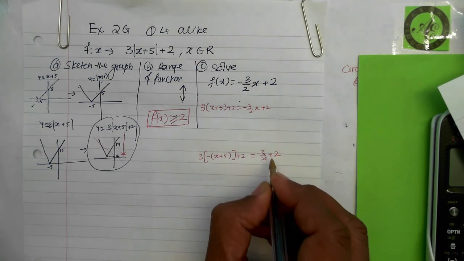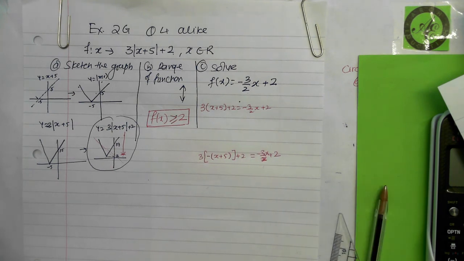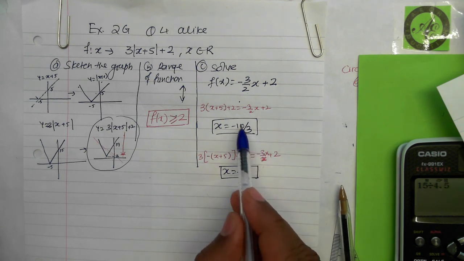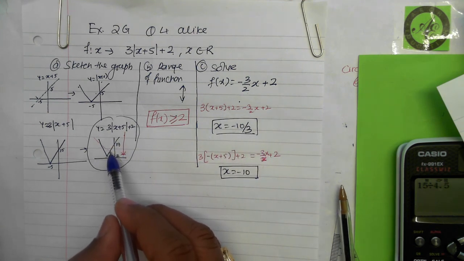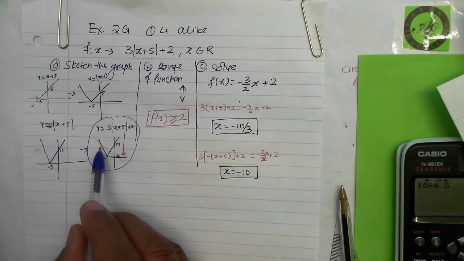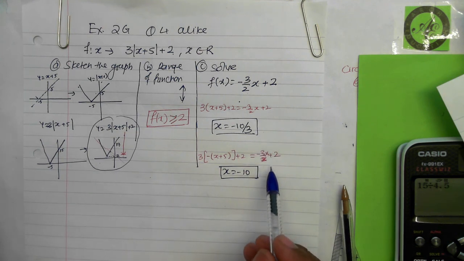Solve these 2 equations and work out the answer, then we check with mine. So the 2 answers I've got is -10 over 3 for the positive side of the curve, somewhere over here, and -10 for the negative side of the curve, somewhere over here. You know, guys, check your algebra. I might have made a mistake somewhere, but I'm pretty sure you can check and do this equation yourself.